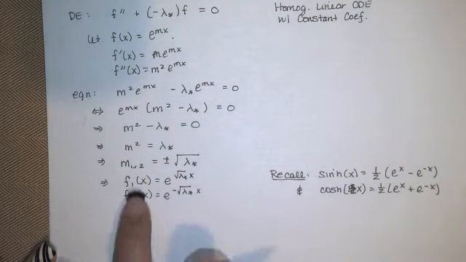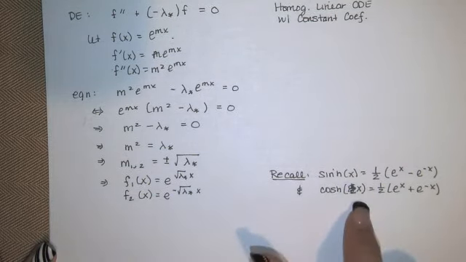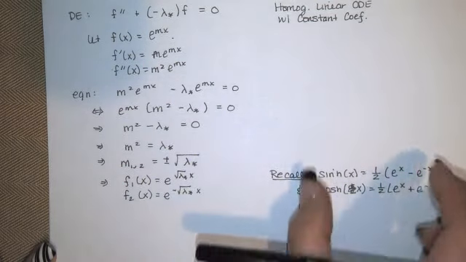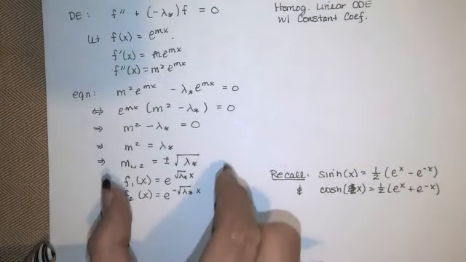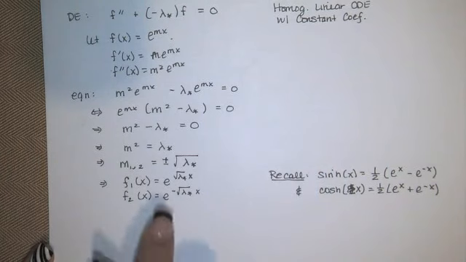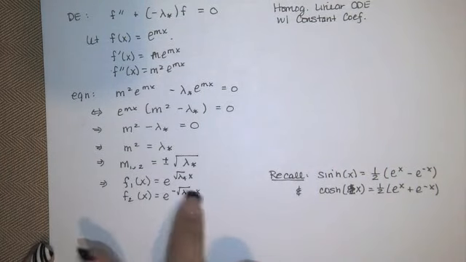So if you're wondering, how can I be guaranteed that a variation on these two functions are solutions to this original differential equation, given that we know that these are two solutions to the differential equation?